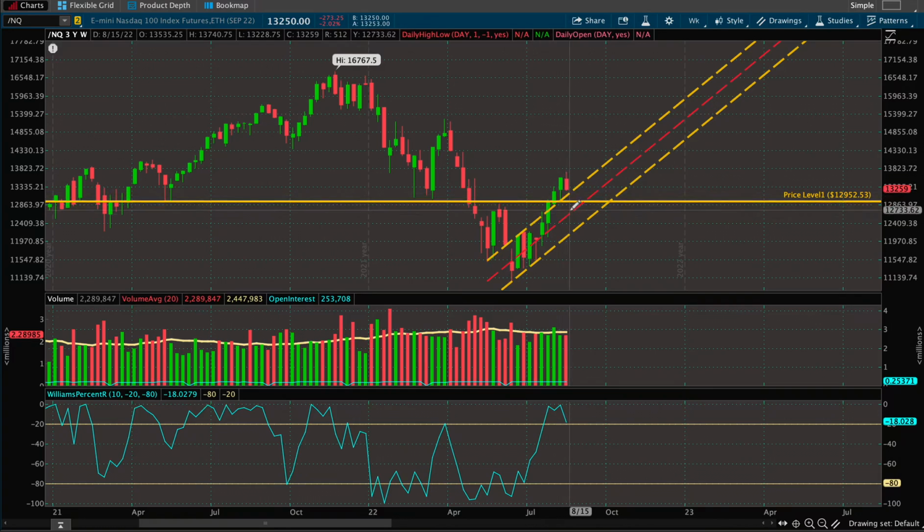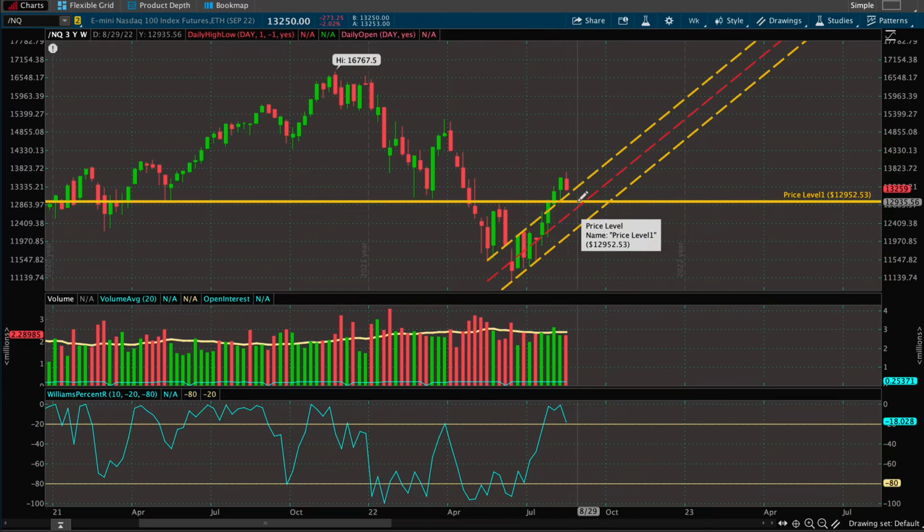But if they break this channel and break the 13,000 to 12,950 area by 50-60 points and come and retest from the bottom, then I will definitely try to add to my short again.